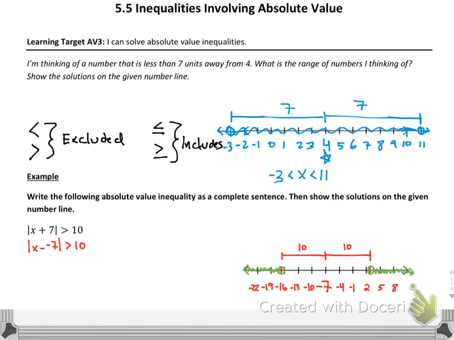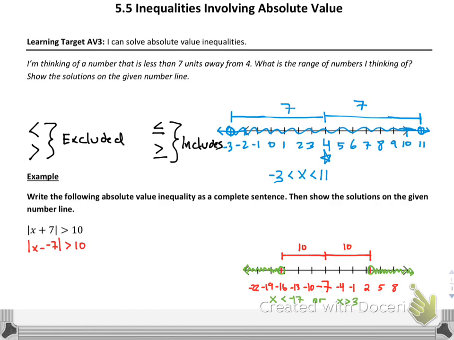So if I were to write that as an inequality, I can't really combine these two statements, so I have to just say separate statements. My x number, my mystery number, has to be less than, not -16, but -17. It has to be less than -17, or it has to be strictly greater than 3. So looking at the number line, that's how we do it, right?